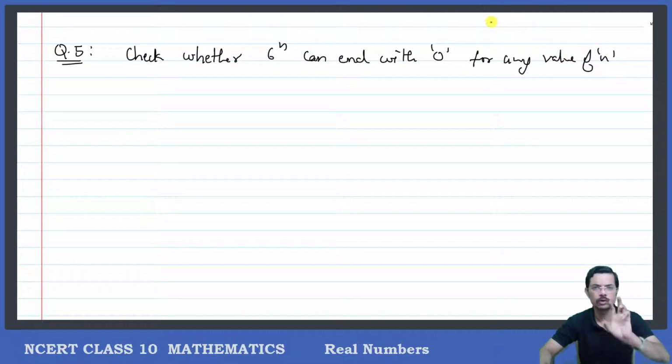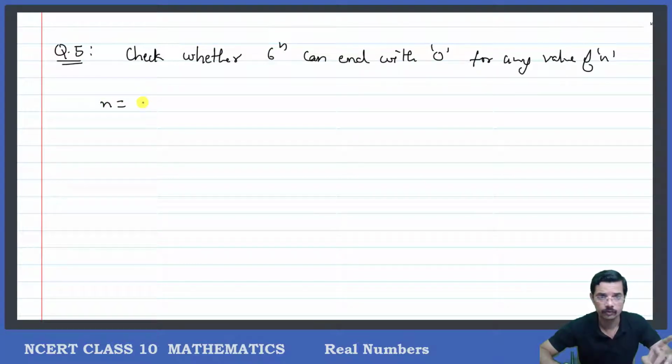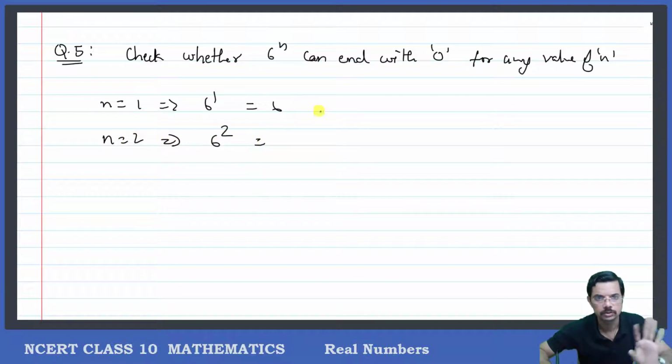What are you going to do in this? For n equal to 1, you will get 6 raised to 1, which is equal to 6. It will not end with 0 because it ends with 6. For n equal to 2, 6 raised to 2 is 36.